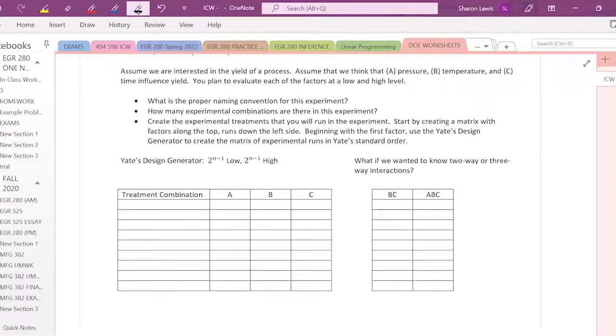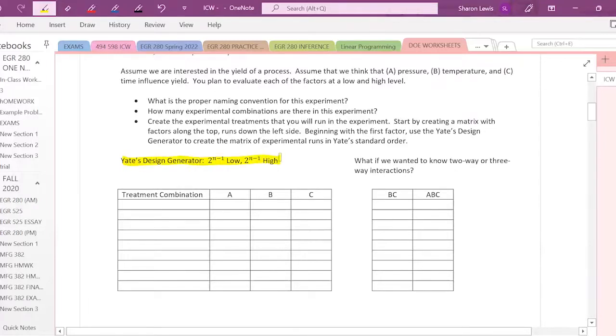So in order for us to progress and do all kinds of things that DOE can do for us, we like to build them in what we call standard order. And we're going to use the Yates Design Generator to do that. So this is how I'm going to lay out the experimental runs.